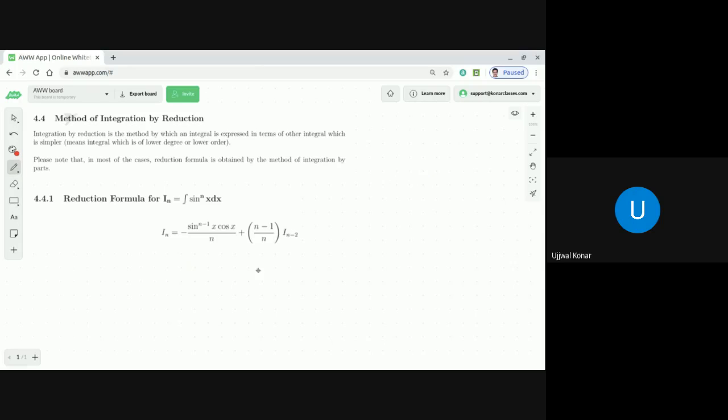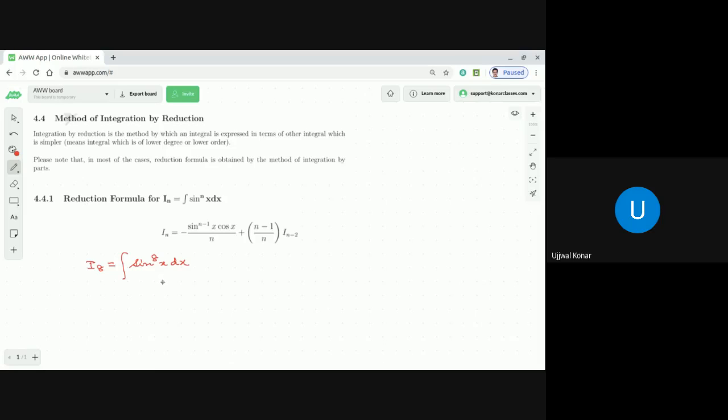We need to find the value of I8, that is integration of sine to the power 8x dx. Clear, dear students?